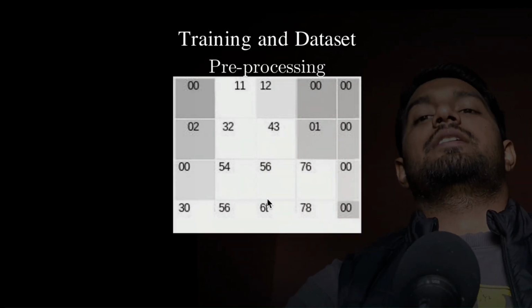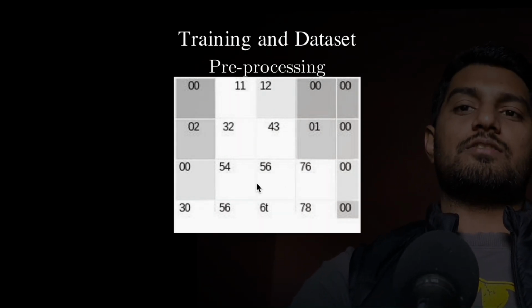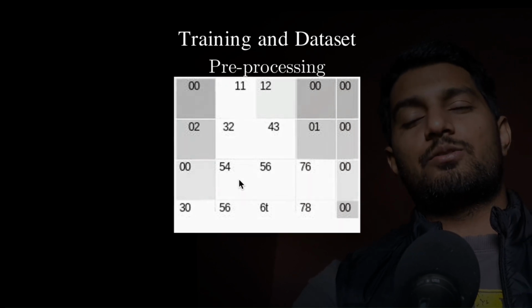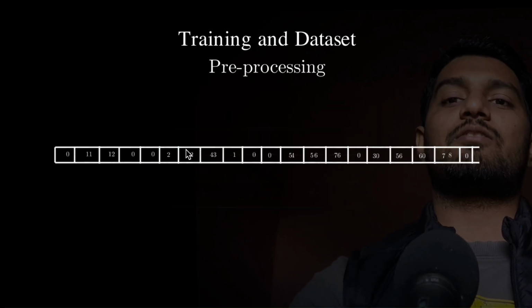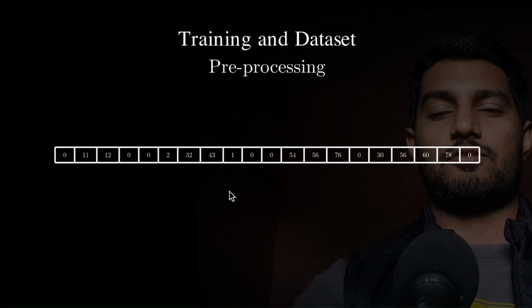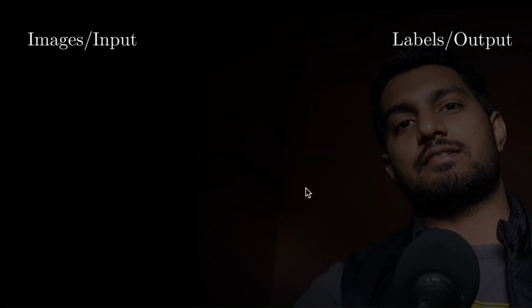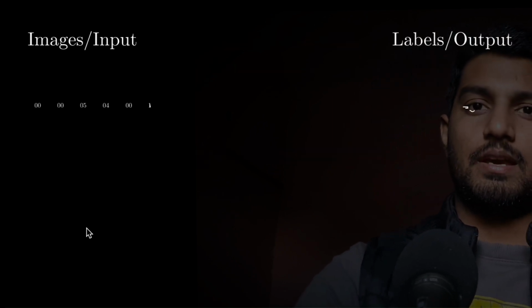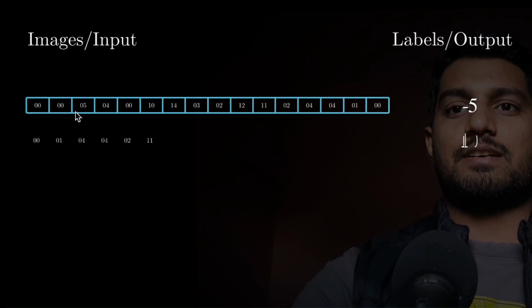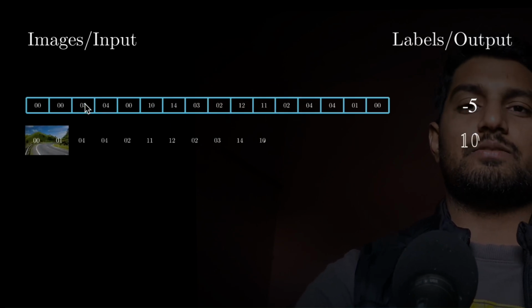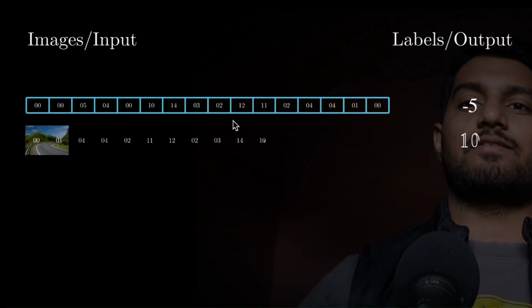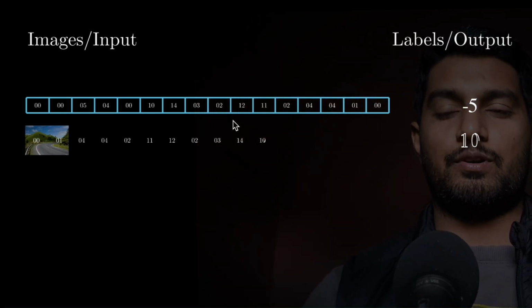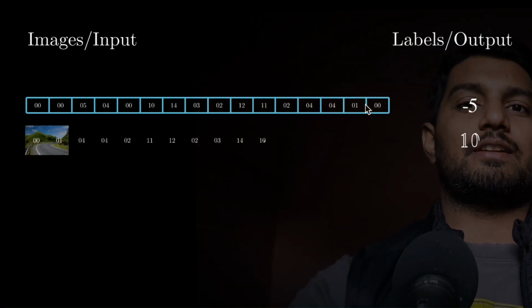So this was the second step, convert into grayscale. Then we have these numbers, right? And then the third step is to break the numbers down into an array form like this. If you are familiar with programming, these are arrays, right? So you can see the first image converted into black and white, then flattened like this, and that becomes the input numbers, and the output label is -5.